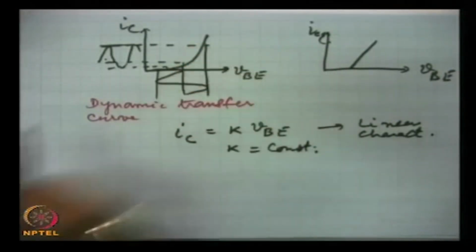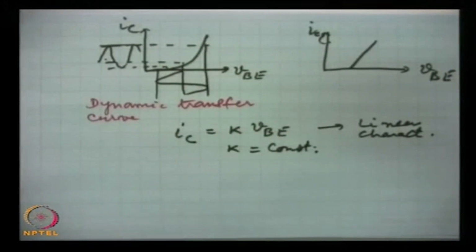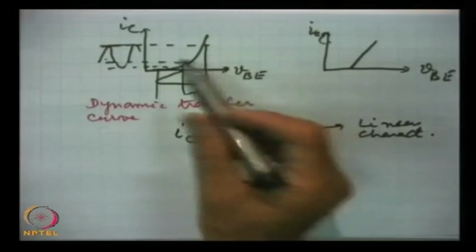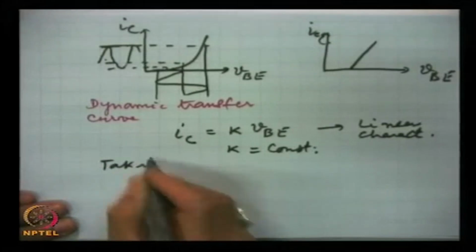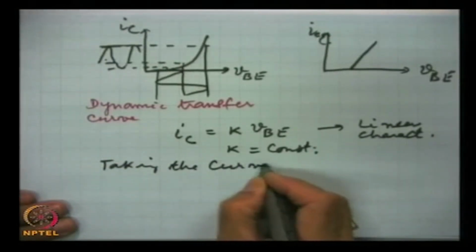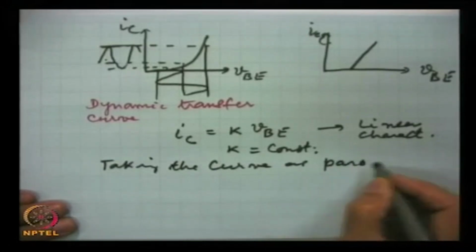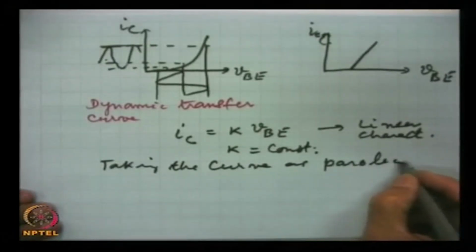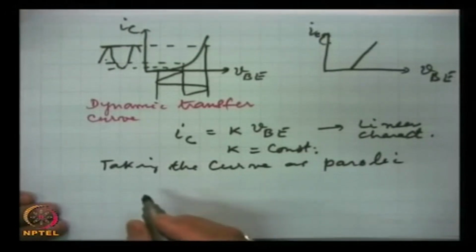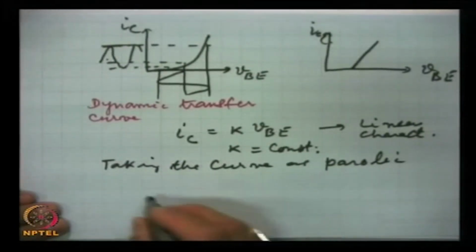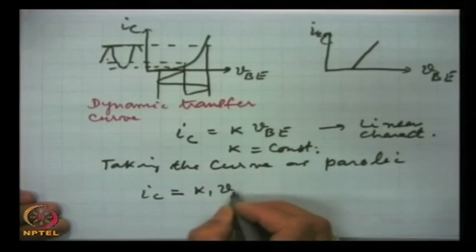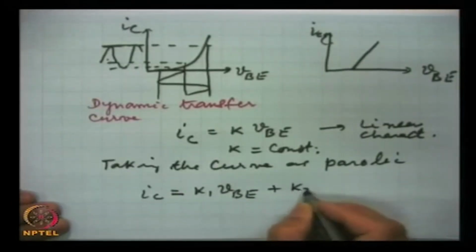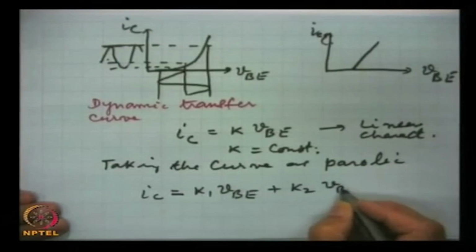But our curve is like this, and for the simple analysis we can approximate it. We can take it as parabolic across the operating point. So, taking the curve as parabolic, we can write this IC as K1 VBE plus K2 VBE square.